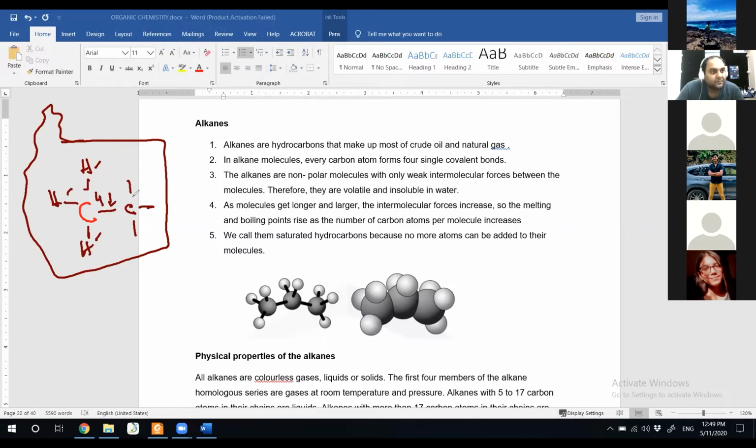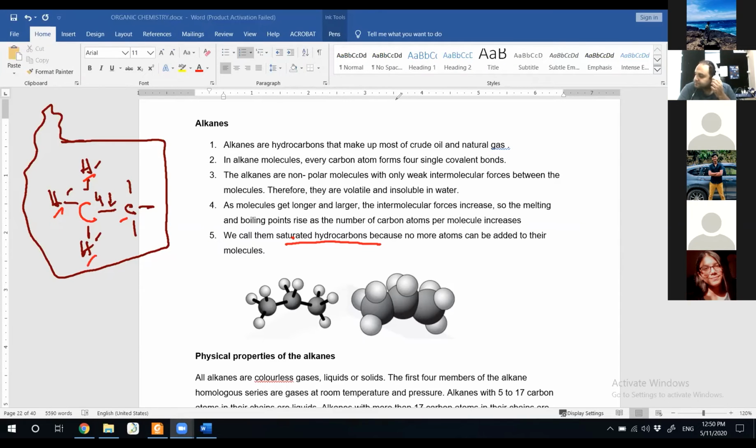So there's no way other atoms can come in and get bonded. Therefore we call this compound a saturated hydrocarbon or saturated organic compound. Any questions? Is everybody clear why we call them saturated hydrocarbons?